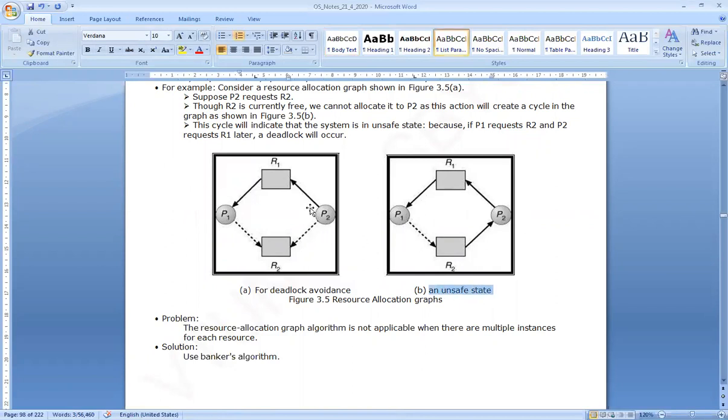Whereas here there is no circle. Process P2 is requesting resource R1, and process P1 is requesting resource R2 while holding the resource R1. So this is not a deadlock situation because there is no cycle.